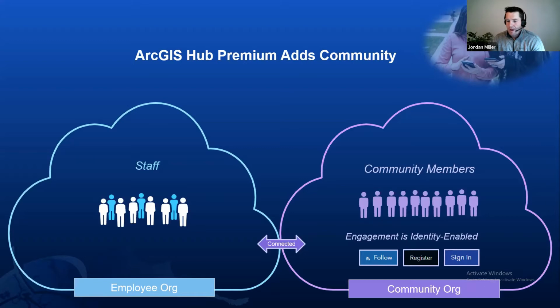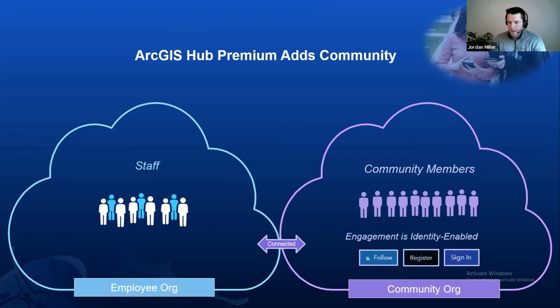So that means I can have staff from my organizational account be active in my community account if I give them permission, or if they sign up, or come to me and say, hey, I really want to start this initiative, help me out. What that also means is data and other information products get shared between the two accounts. That's going to be important when we're talking about group sharing and what types of groups and teams we want to invite the community members to.